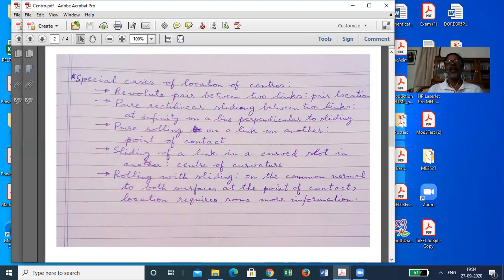Where exactly on this line, you will be able to locate only when you know in some way the ratio between the rolling and sliding. So in this case, complete information we do not get, but we get one locus of the centro on that line. Somewhere it will be.